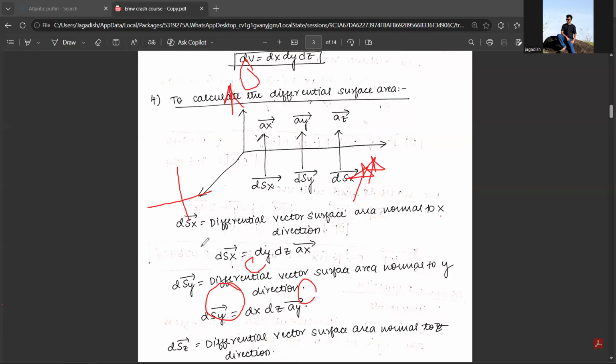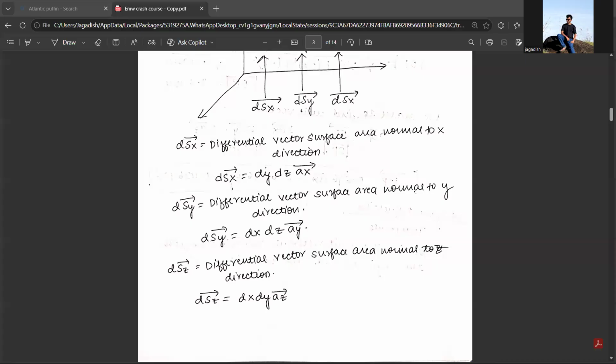So what will be the formula for dSz? Can anyone tell? Be active in the class. Respond in the class. In the z direction, it will be dx into dy in az direction.